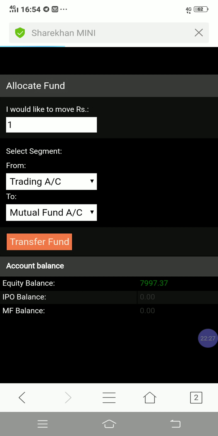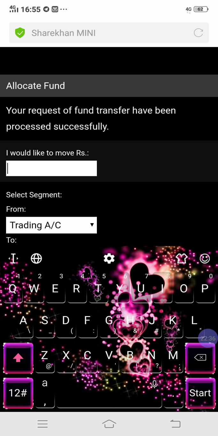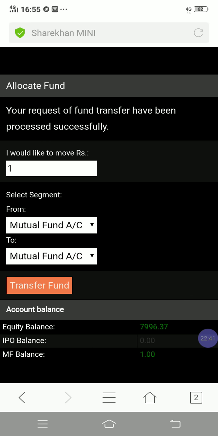Transfer fund. Done. The transfer is done. See, you can see 1 rupee in the mutual fund balance. In the same way, if I move 1 rupee from mutual fund account to trading account, transfer fund, transfer. You can see 0 in the mutual fund.